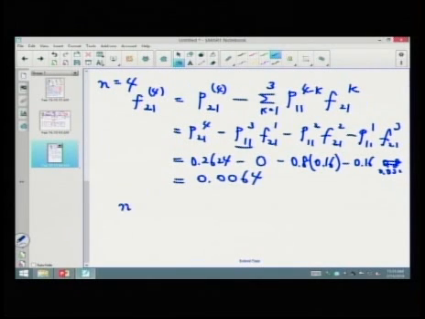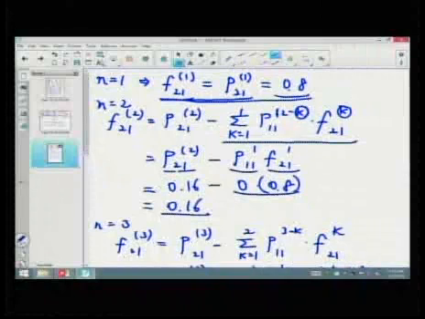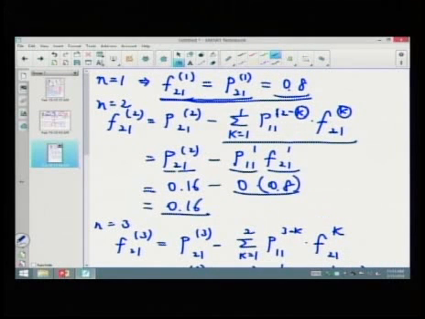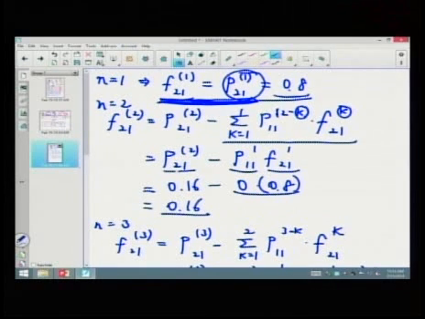Again, from the beginning, why is this true? Because this is always true. This is one-step transition probability, right? This is also like a one-step transition probability, because we consider only one step, right?